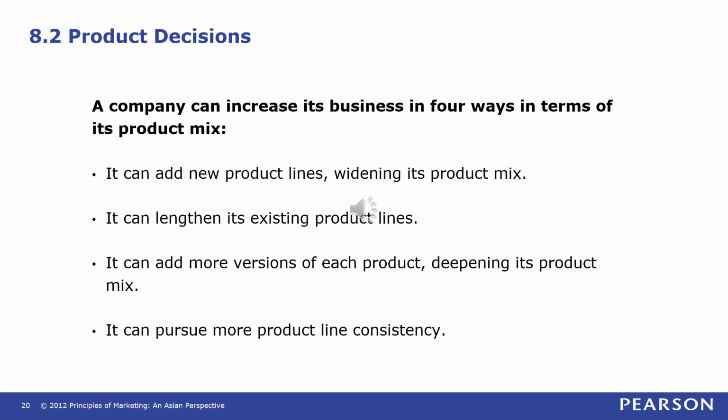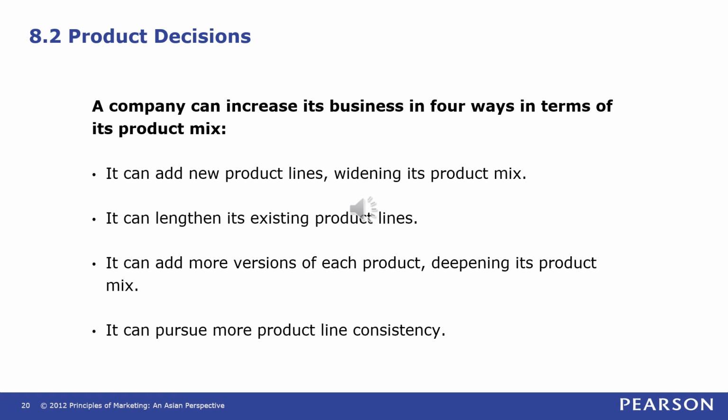The issues regarding product mix dimensions provide a handle for defining the company's product strategy. The company can increase its business in four ways, basically. As you can see on the slide, the first one, it can add a new product line and thus widen its product mix. In this way, the new product line builds on the company's reputation in its other lines.